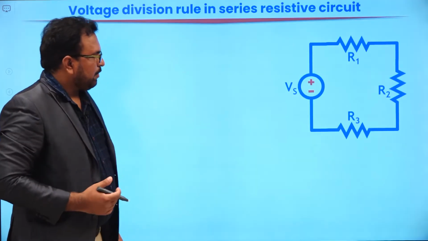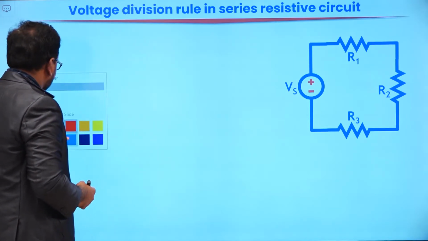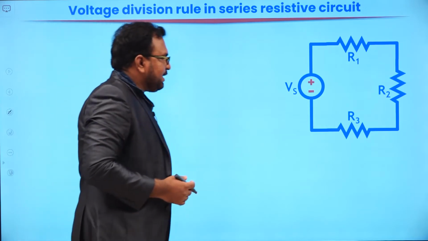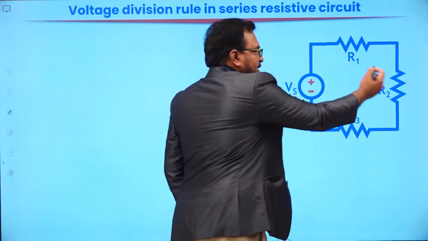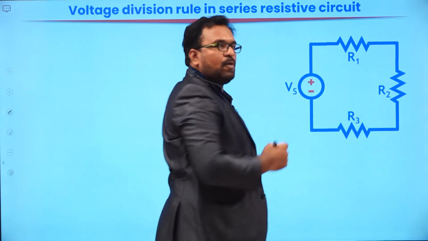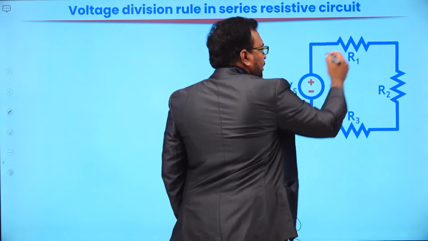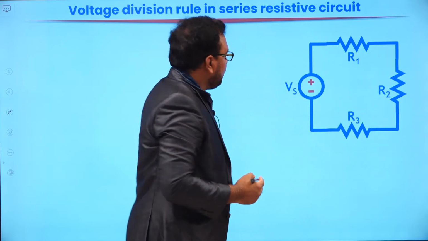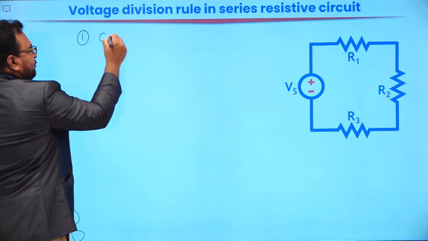Okay. So I will explain once again. Here I have considered a series circuit. In this series circuit, there are 3 resistors connected in series with a voltage source. In the case of the series circuit, there are 2 factors that we are going to consider. The first one is current.